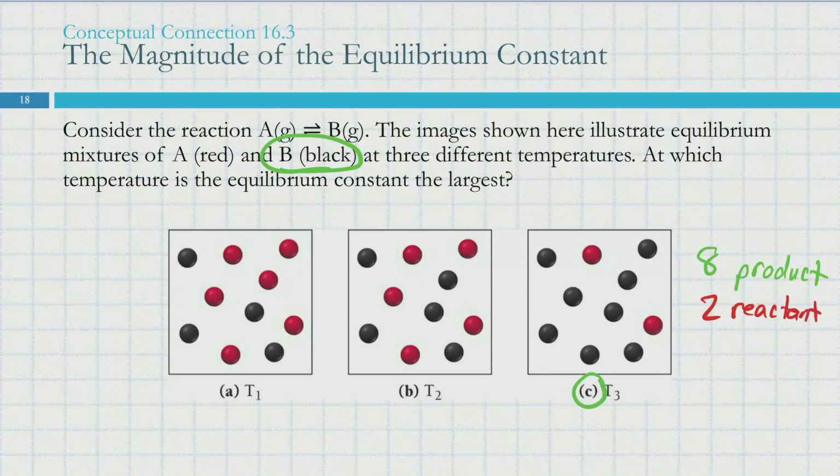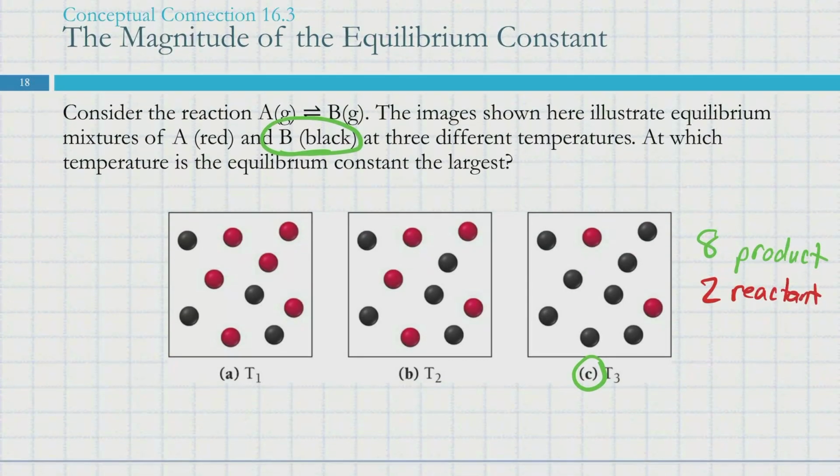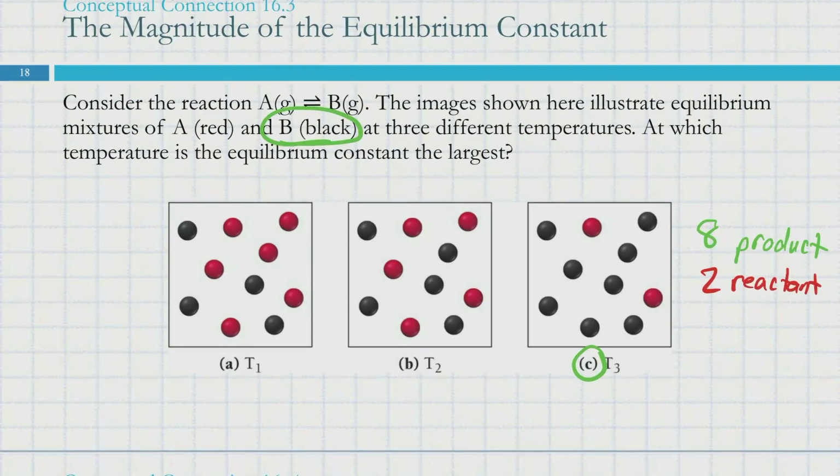Assuming that these are representative, our K is 4, not very big. But that's still the biggest ratio. In these other ones, we've got 5 and 5, like in B. And in A, we've got 4 products and 6 reactants. So the one with the most product is going to be the one that has the largest equilibrium constant.